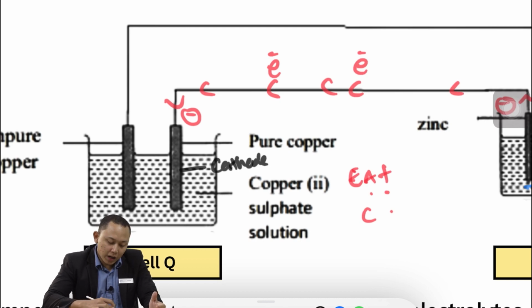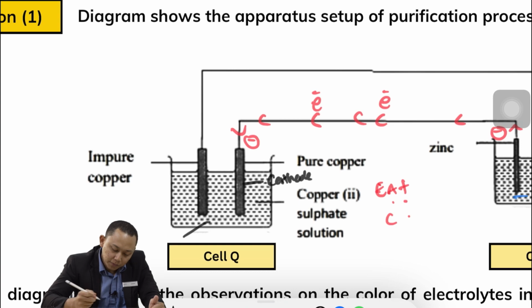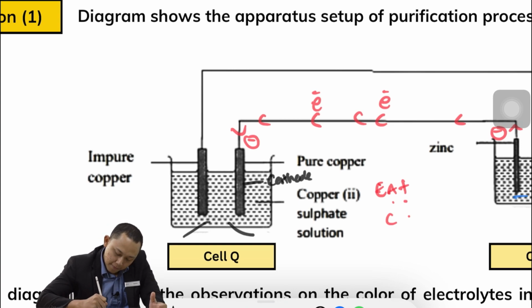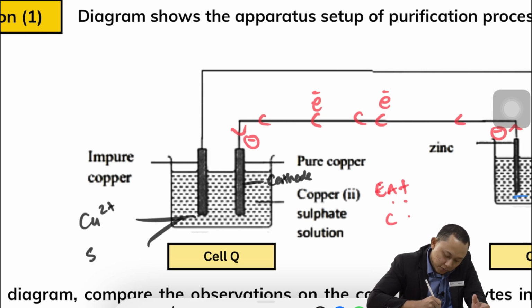We are using copper(II) sulfate solution, so inside the solution it contains Cu2+ and SO4 2-.